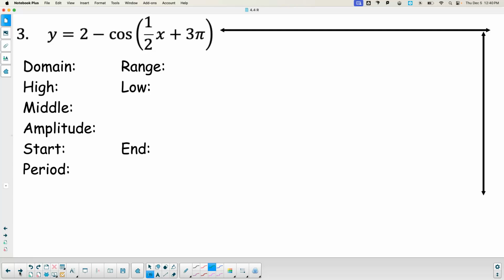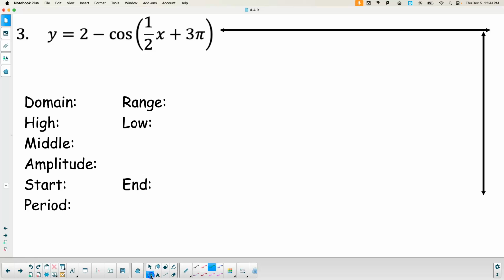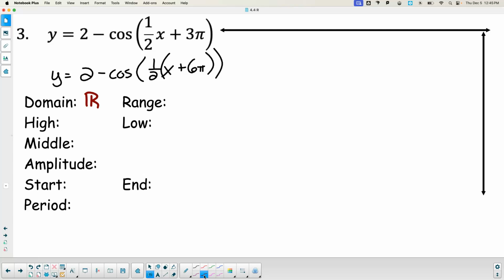Try that one. Equals 2 minus cosine of 1/2 x plus 6 pi. Domain is all real numbers. Middle value is at 2.